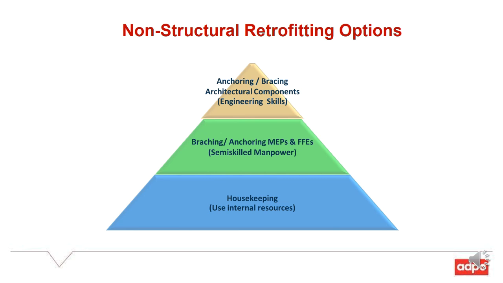The next step is bracing and anchoring mechanical, electrical and plumbing features and furniture, fixtures and equipment through semi-skilled manpower. Finally, with engineering skills, we may also need to anchor and brace architectural components.